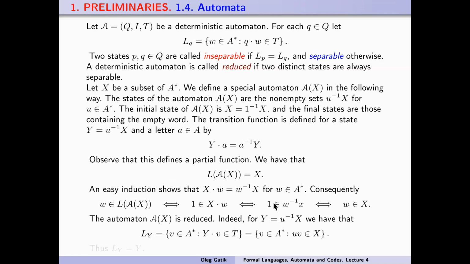We have that for such a set Y, which is equal to U to the power minus 1 X, L of Y consists of such words V over our alphabet A such that Y multiplied by V belongs to the terminal states, and it is equal to the set of such words V that U V belongs to X. Therefore, we have that L of Y is equal to Y.